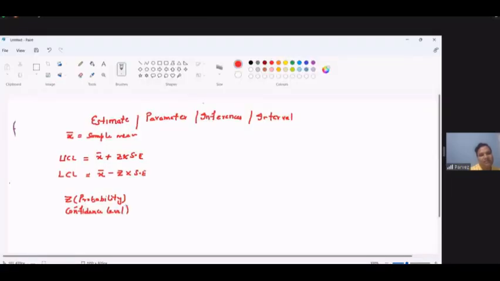Like just now we calculated the Z value: 75%, we are confident that the sample which we have selected falls in this category. So when I'm asking for inferences or intervals or estimates of parameters, sometimes they will mention the confidence level.